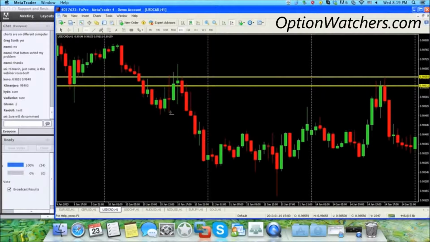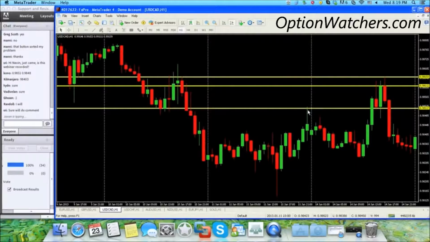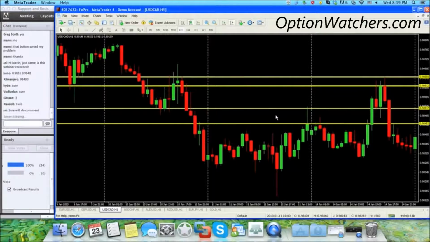Yes, we have our body here, which respects this area. Big candle break, respects this area. Okay, let's draw the other side of it here. Okay, so we have these two areas, these top two lines, these bottom two lines. Which one is powerful? Let's take a look.